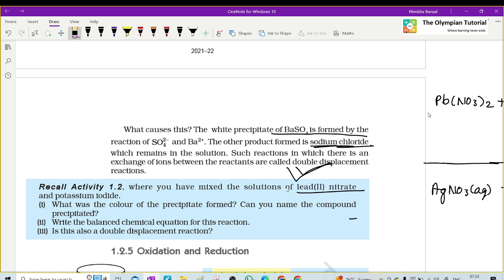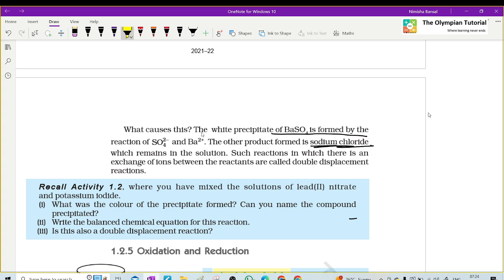Now, Tanya, we have to write this line also for explanation. I am highlighting: the white precipitate of barium sulfate is formed by reaction of sulfate and barium ion. The other product formed is sodium chloride, which remains in the solution.